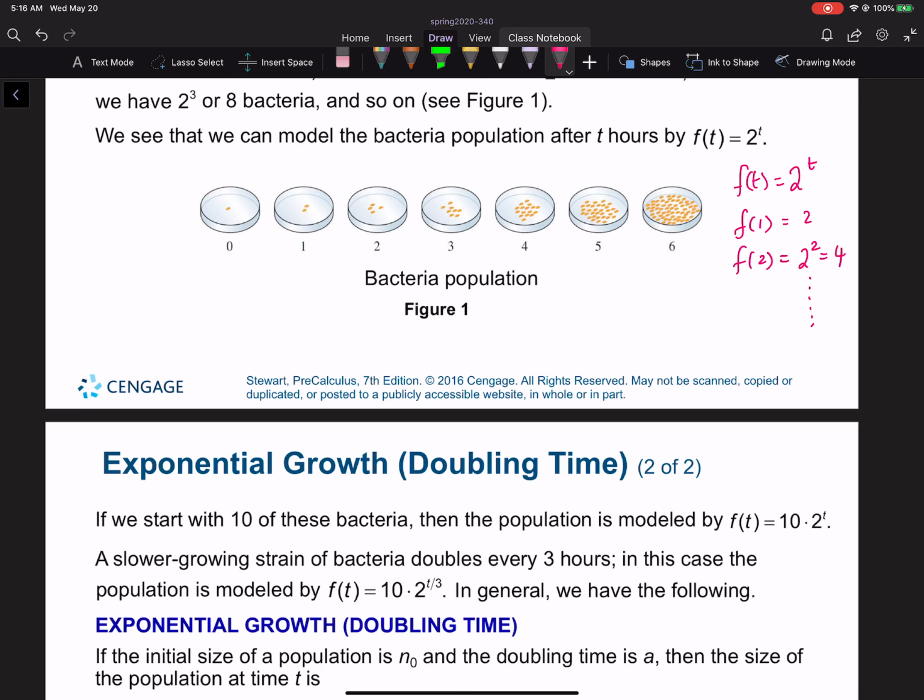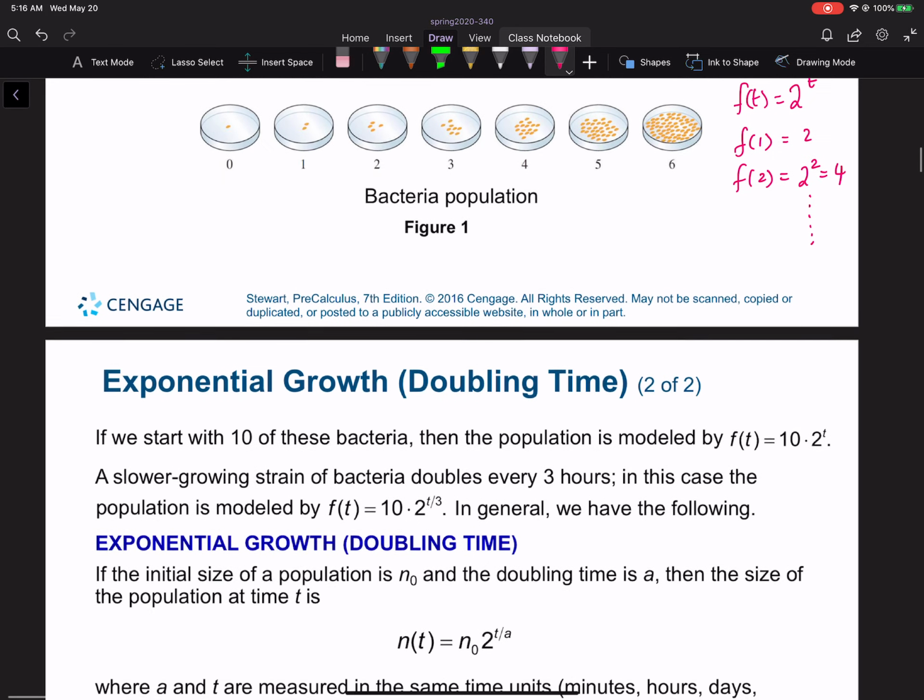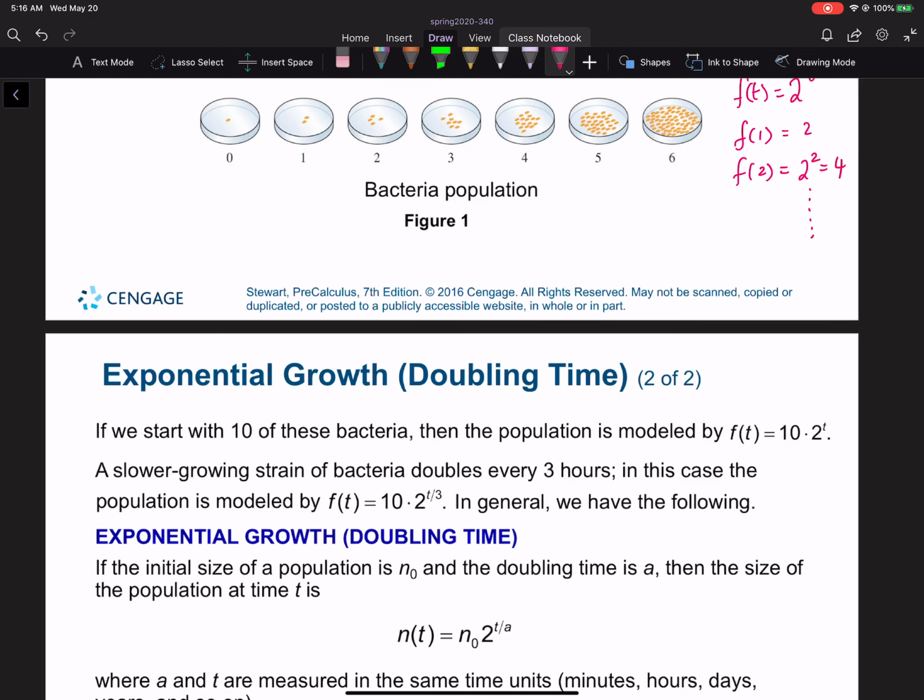So let's look at this example that we have over here. It says that if we start off with 10 of these bacteria, then how do I model the same thing if it's doubling every hour?